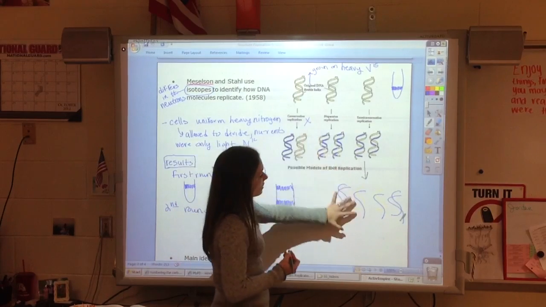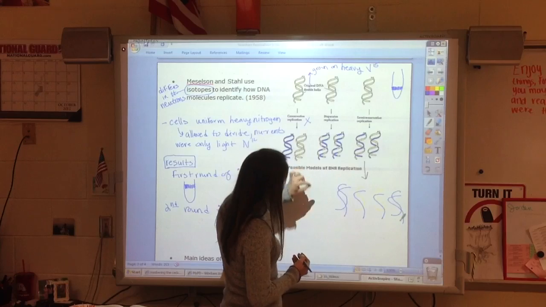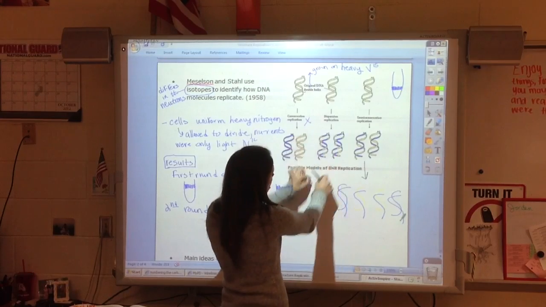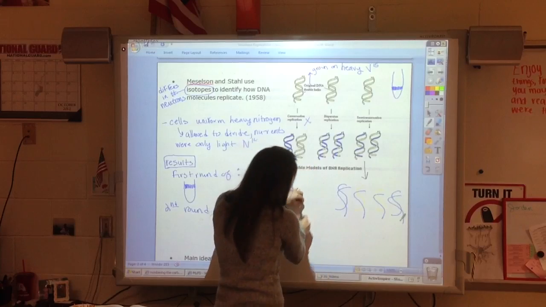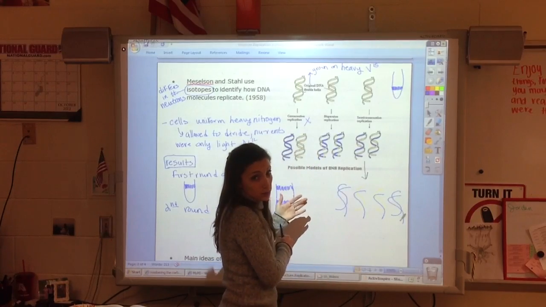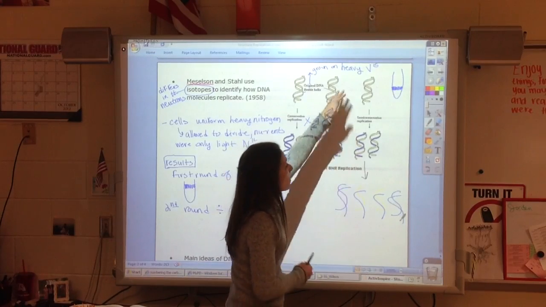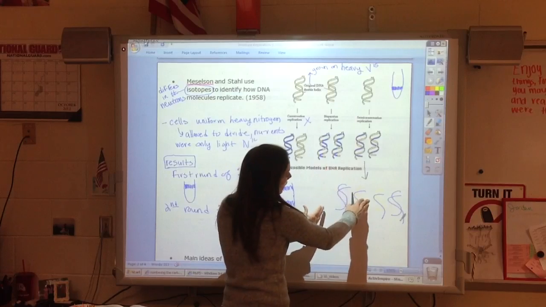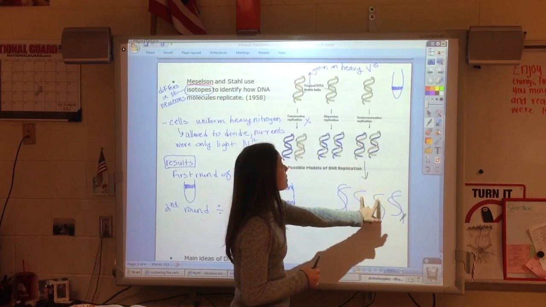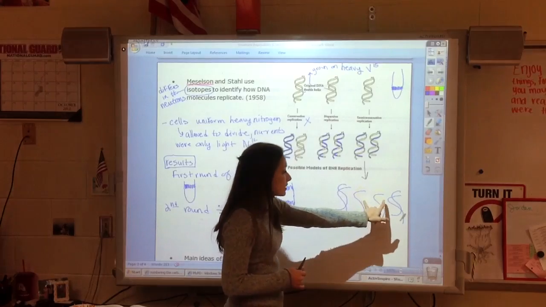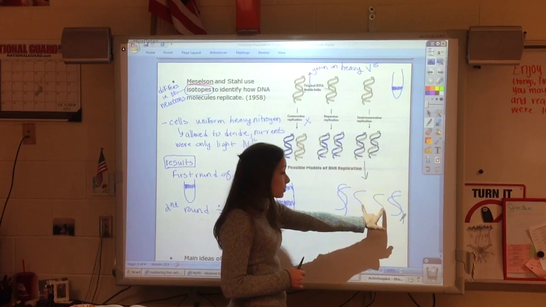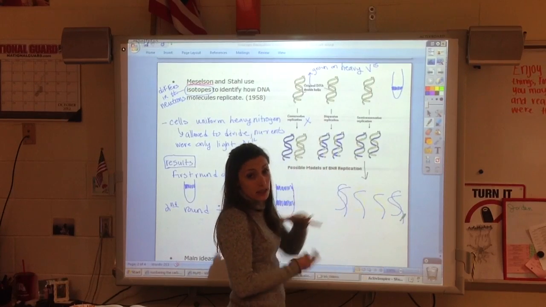But the key concept is that if this had happened, we'd have bits and pieces so that all of the resulting DNA that was made would be equal amounts of old and new. And here, because this is splitting, we see that the remnants of the heavy nitrogen is actually still complete. It's still in one section.